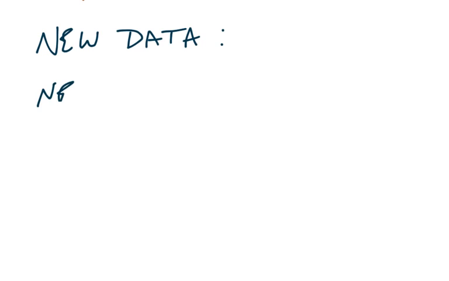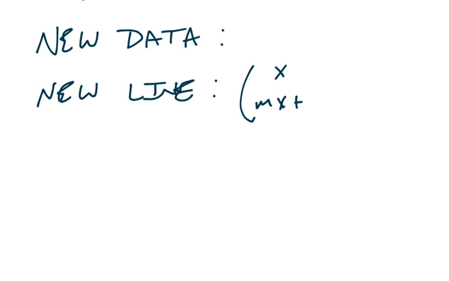Okay? So the idea here is the following. We are going to have a new data set and a new line. And our new line, that's the easy part. So our new line is going to be the old line, which looked like mx plus b.